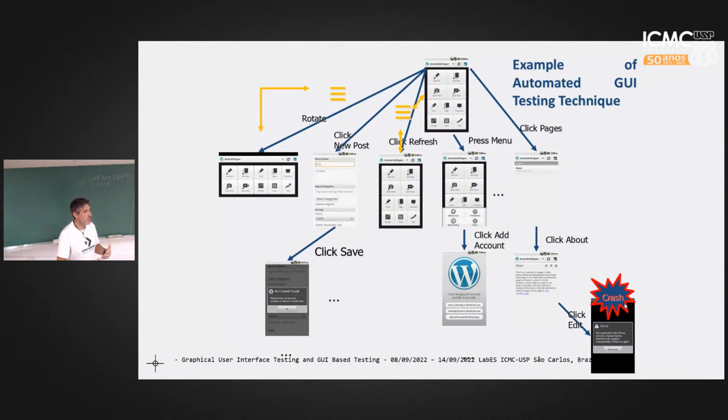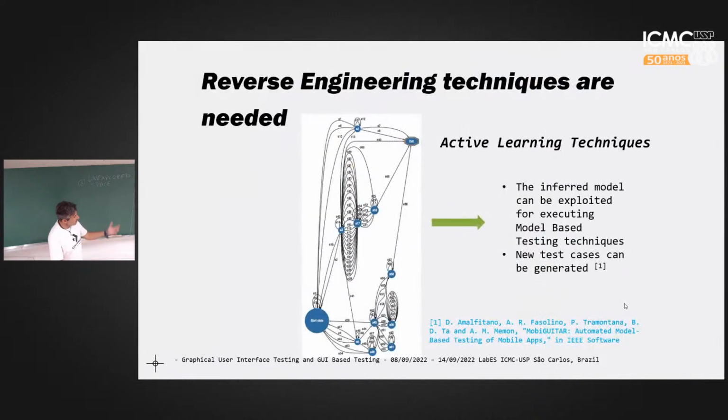But if you consider all the states as different, you have a tree. So the same state can appear more than once. After, when you collapse equivalent states, you have not a GUI tree, but you have a finite state machine. Automatically, you can build the model of the application.